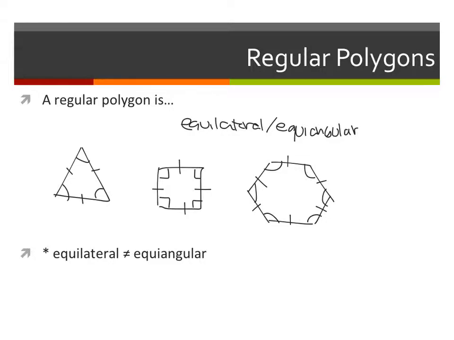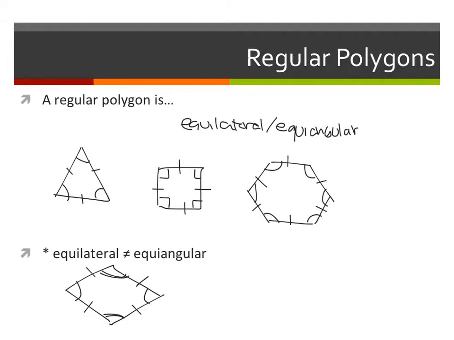Rhombus. A diamond. So a rhombus that looks like this, because it's a rhombus, it's got 4 congruent sides, but the angles aren't all congruent. This is equilateral, but not equiangular.